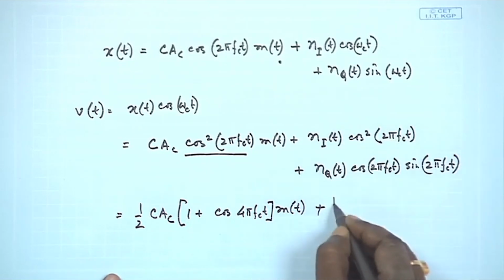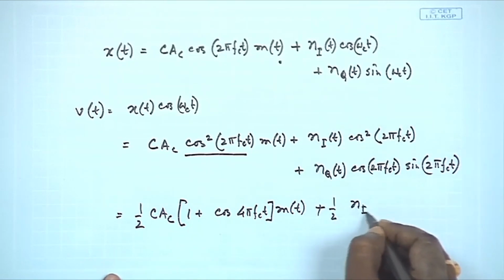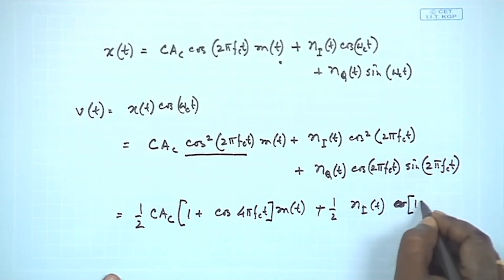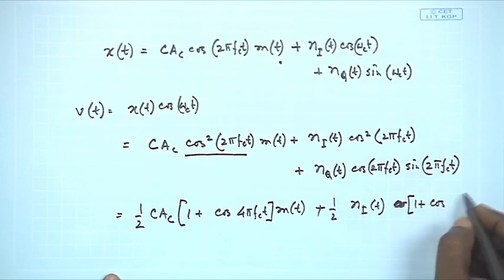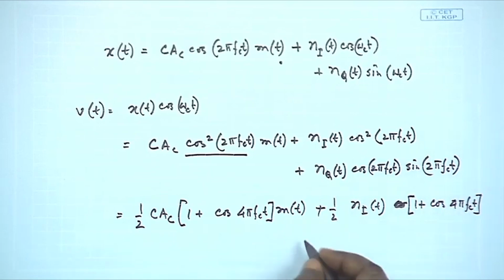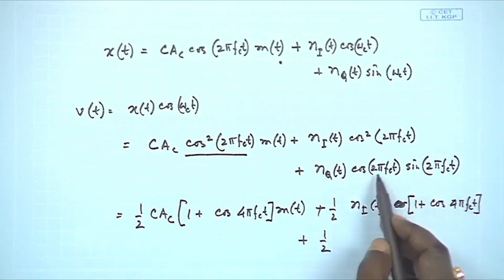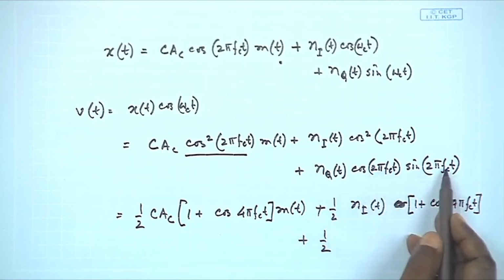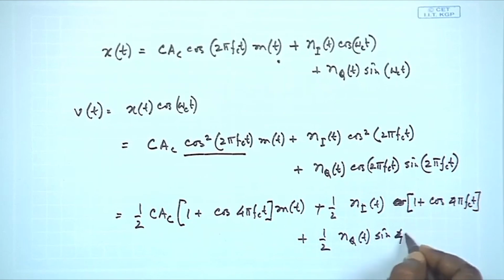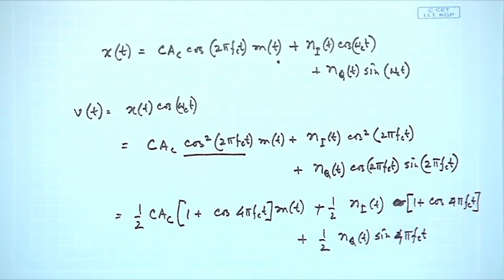Similarly, I can write for n_I(t): half of 1 plus cos 4 pi f_c t. And this is again a half, since 2 cos into sin gives sin, so n_Q(t) sin 4 pi f_c t.